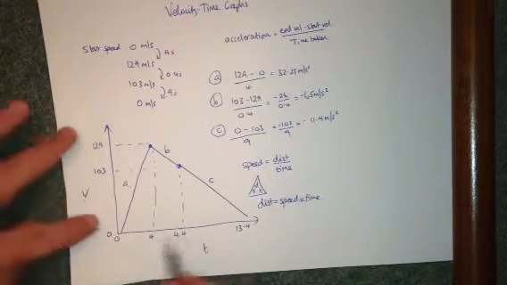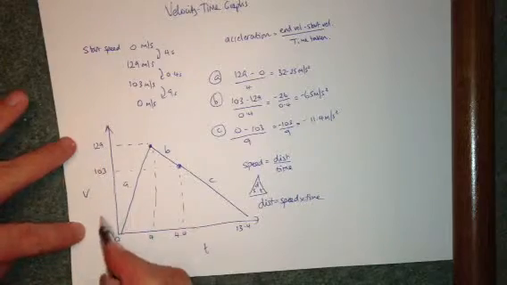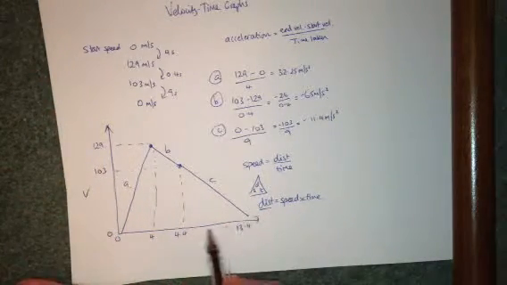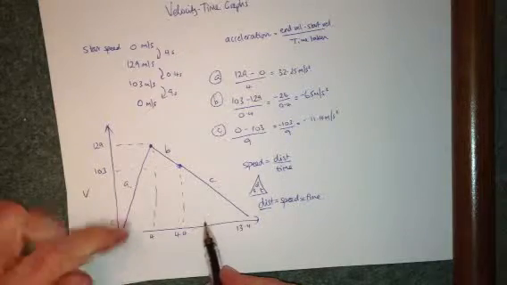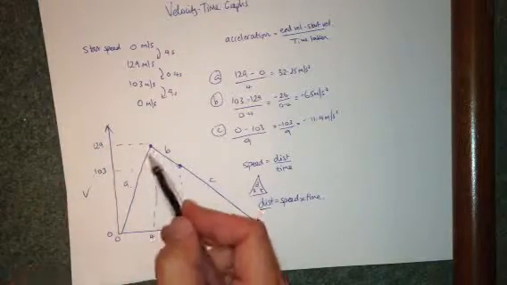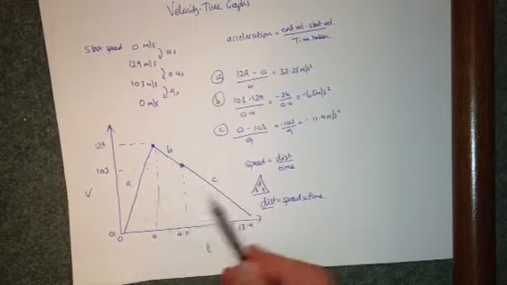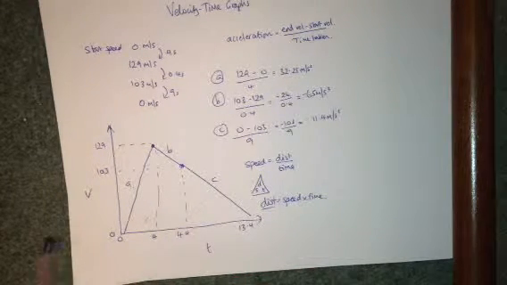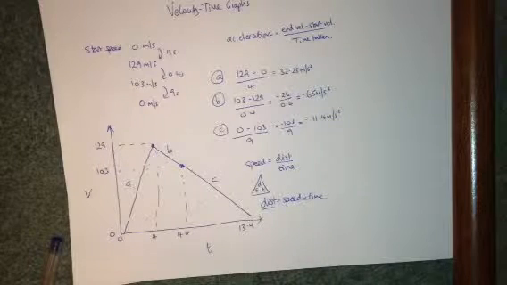Now if you look at the axes, what we've got is velocity or speed and we've got time. Now if you multiply the two together, that gives you a distance. So using maths, what we can say is the area underneath the line, if you add all the bits together, that will give you the total distance travelled.